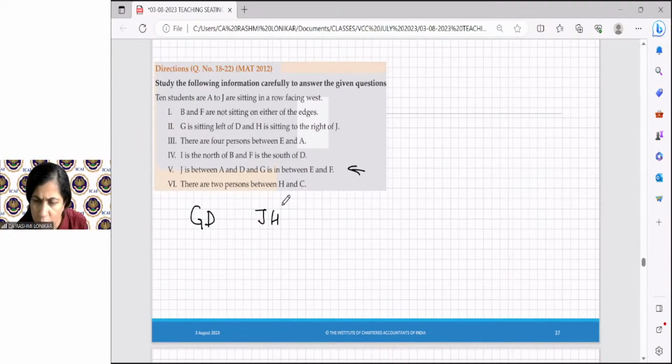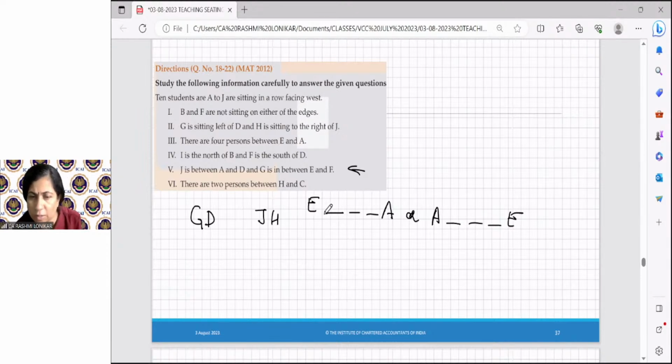H is sitting to the right of J. G is sitting to the left of D. So you can have E, 1, 2, 3, A, or you can have A, 1, 2, 3, E, because right now we don't have any information.